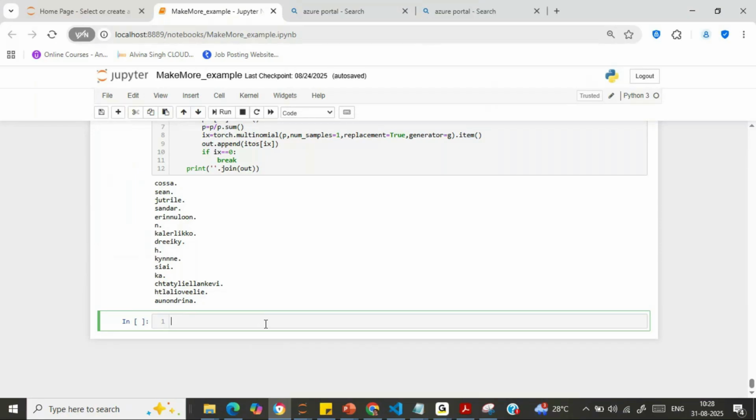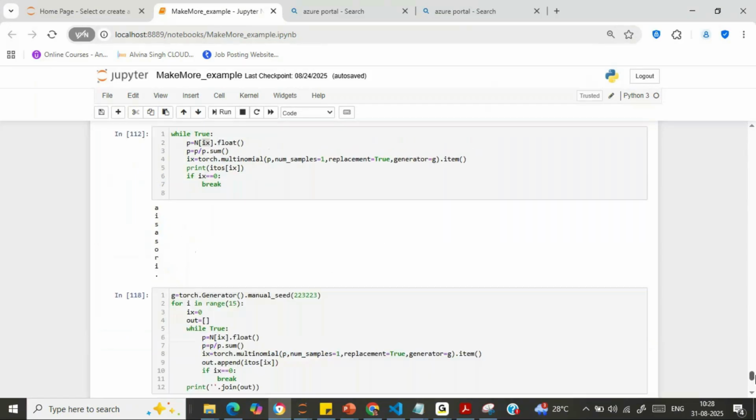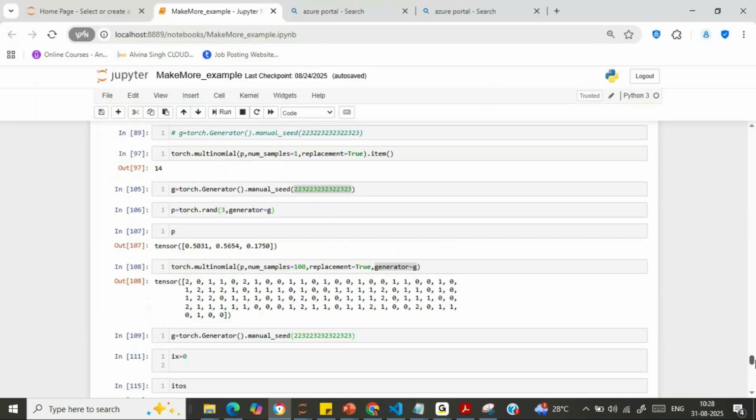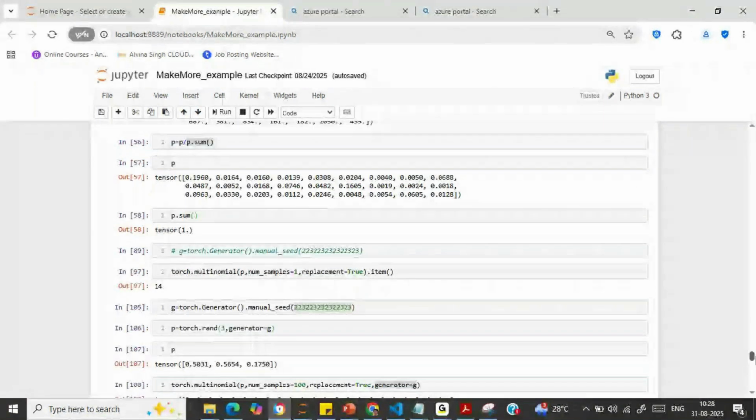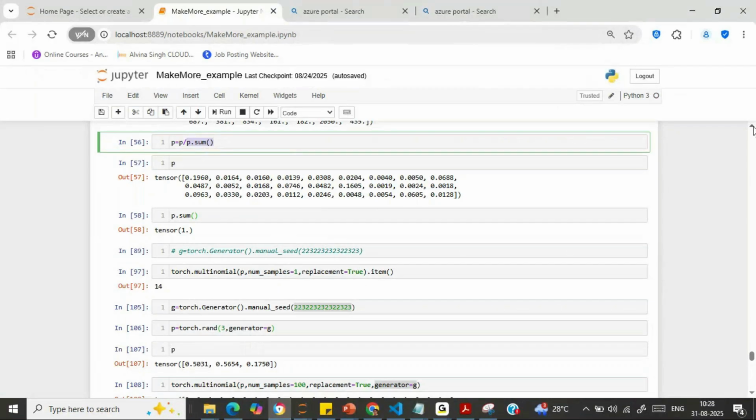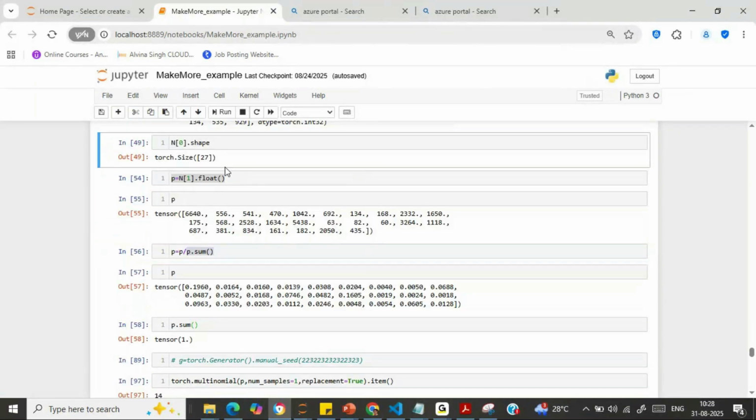Over here, what I'm having, say this particular p is there. Let me try to copy p of 0.